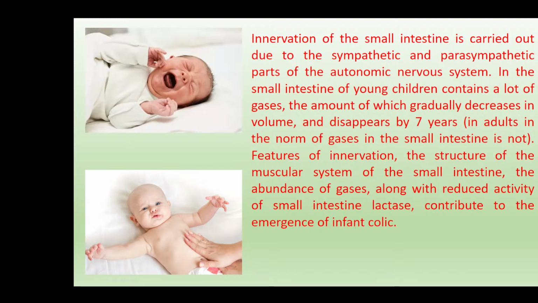In adults, normally there are no gases in the small intestine. Features of innervation, the structure of the muscular system of the small intestine, abundance of gases, and reduced activity of small intestine lactase contribute to the emergence of infant colic. Infant colic is one of the most common problems in children at an early age.